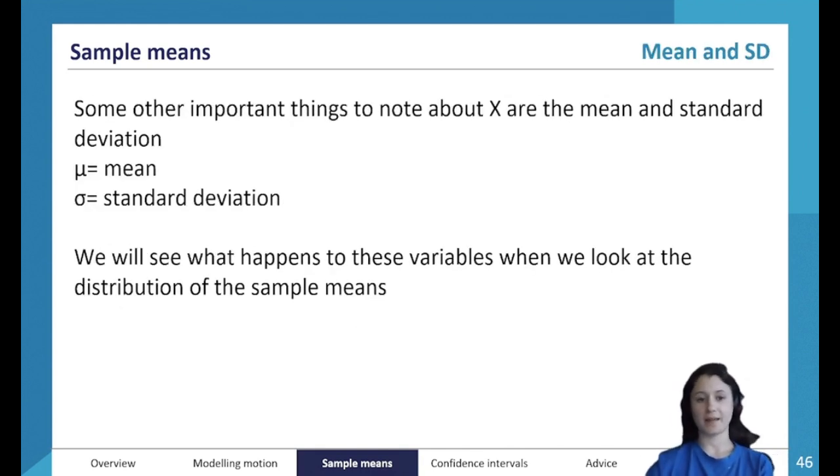So the mean and standard deviation: the population mean is given by mu, and the population standard deviation is given by sigma, but we actually have different symbols for sample means. So the sample mean is given as the expected value of x hat, and the sample standard deviation is given by a lowercase s.